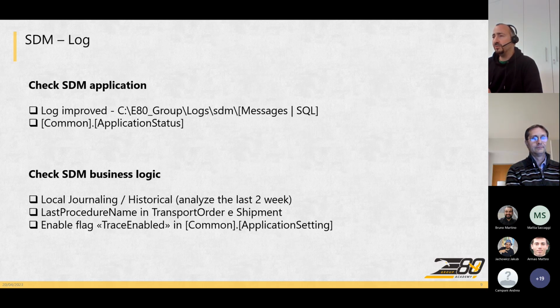The strategy to investigate SDM, if you have some problem with the business logic, is to rely on the tables that we also have in the current SDM, so journaling and historical tables, mainly journaling. But the important thing that you already know is that we separate the large historical data from the local historical and journaling.